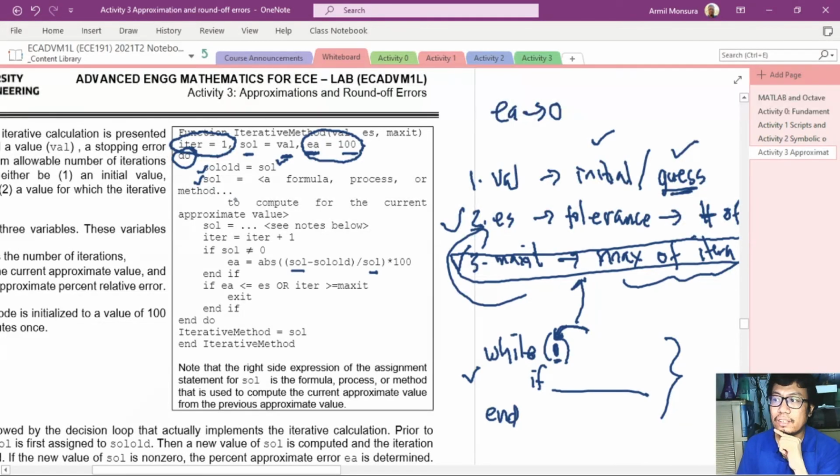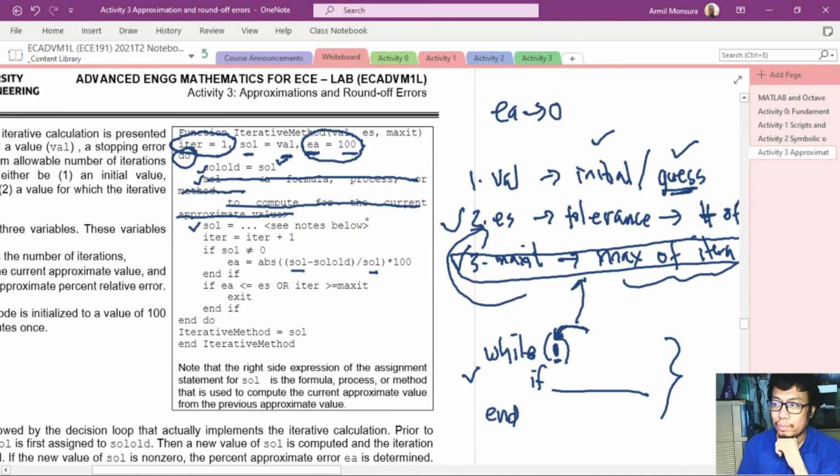So in that case I think you may have to erase this part. Okay. Nakalimutan ko i-erase dun. I think you have to erase this part, and then you just look at this one. Okay, so this line contains actually the formula to compute the variable SOL.